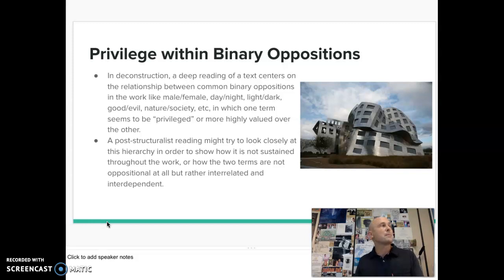And think about The Yellow Wallpaper, right? If we looked at a post-structuralist reading of that through binary oppositions, we might look at male and female, right? Think about those separate spheres. But within those binary oppositions, you might start to recognize that the one sphere really can't exist without the other sphere.